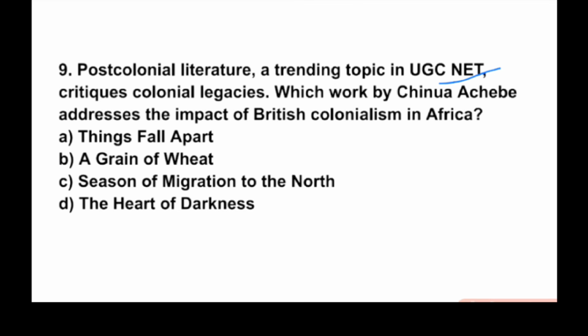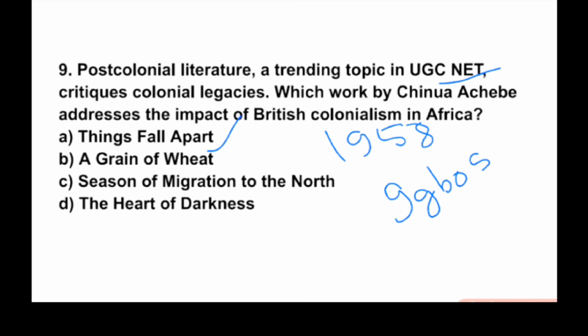Option A, Things Fall Apart. Chinua Achebe, 1958, portrays the disruption of Igbo society by British colonialism, a key text in post-colonial studies.